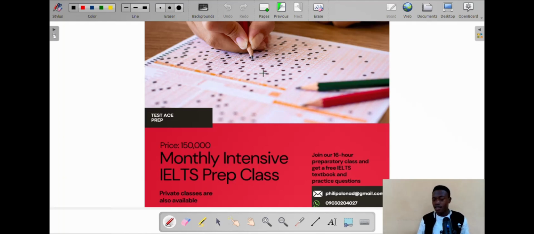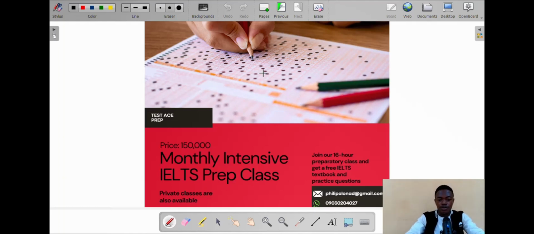Now, in this tutorial, you'll be given a free textbook and free practice questions, as many as possible. For the free textbook, you have the choice to decide whether you want a hard copy or a soft copy. If it's a hard copy, you give us your address, we send it to you. If it's a soft copy, we send it to your mail, and it's going to be specially for you.